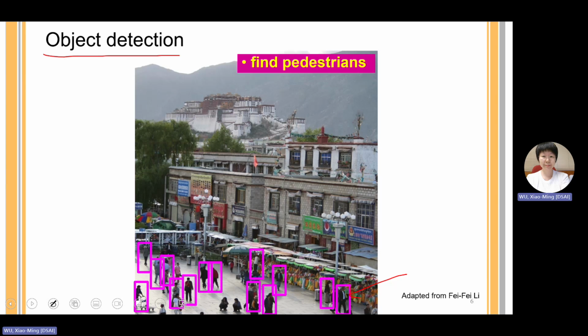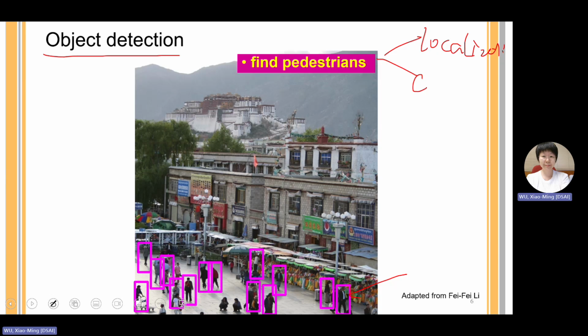So object detection includes localization, and what is the other task?